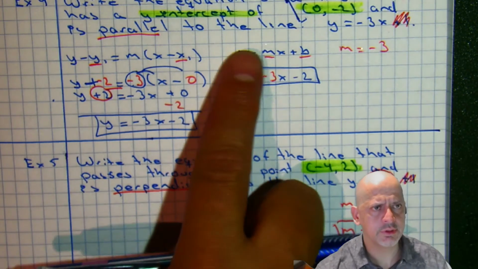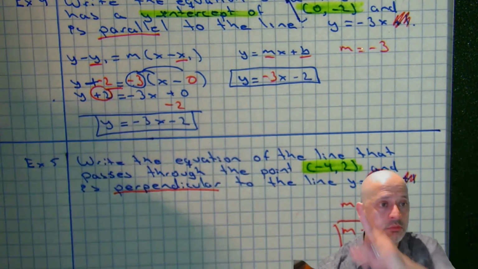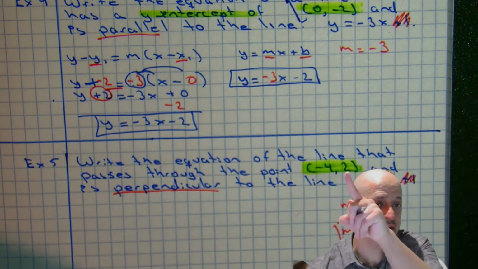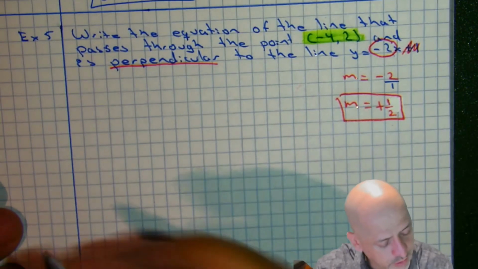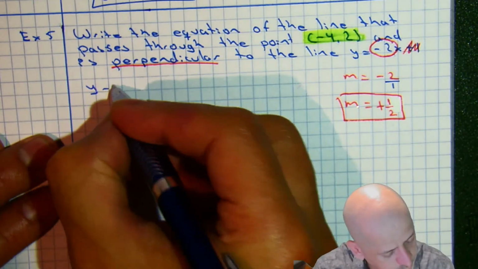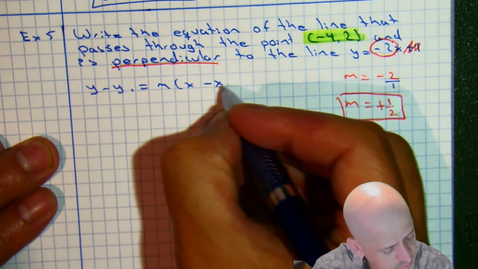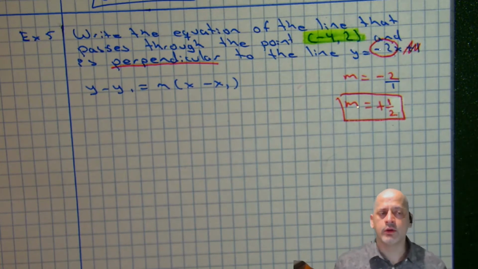Can you use this one here? No, because they only give you a point. They don't give you the y-intercept. The y-intercept always starts with 0 and then a number. So therefore, we have to use the point slope form. And that'll be y minus y1 equals m times x minus x1. So take the time to plug it in and see what you get. Go and pause it.